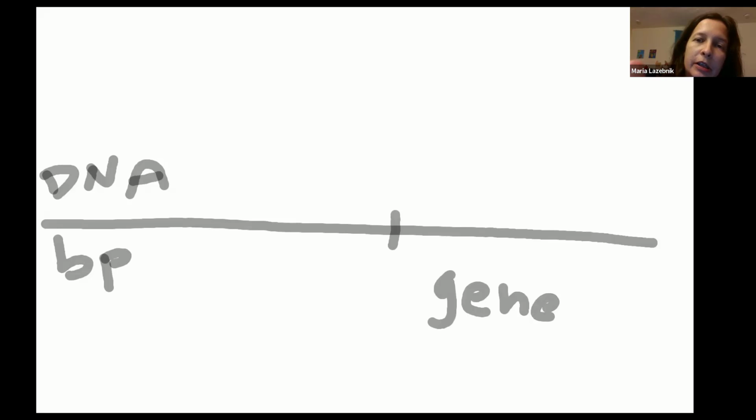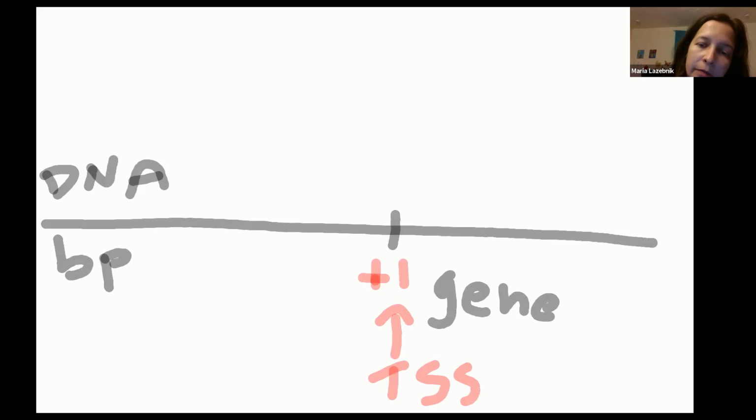So here's our +1 nucleotide, the transcription start site, and somewhere here is ATG, which is our translation start site.